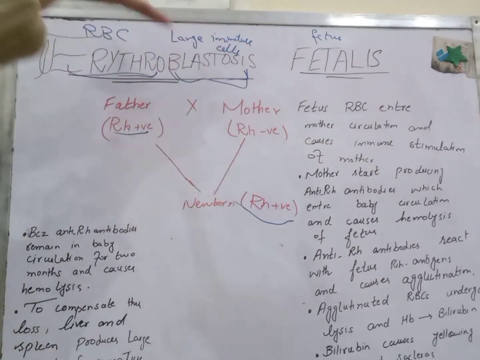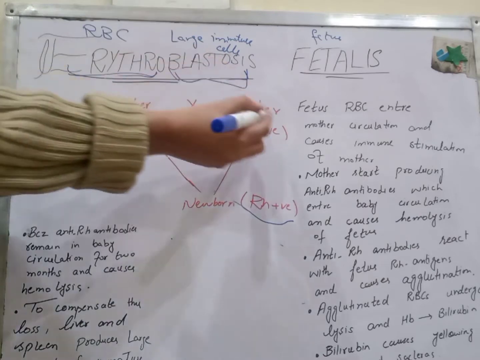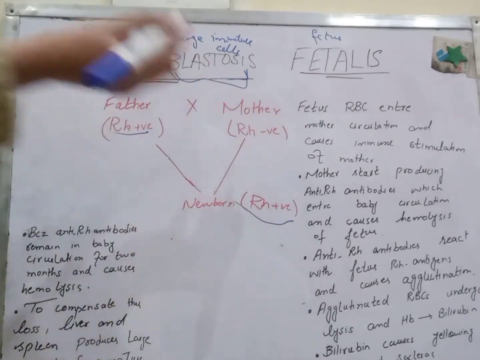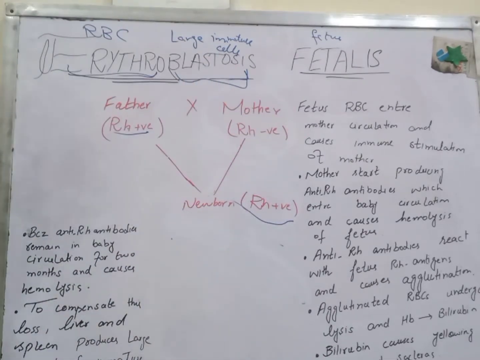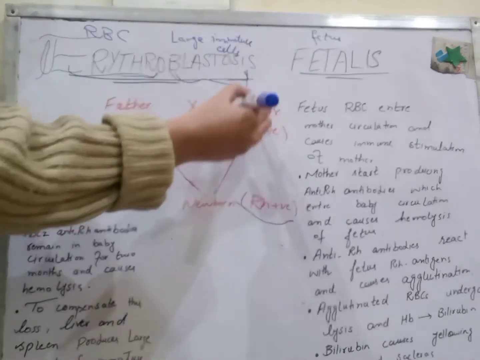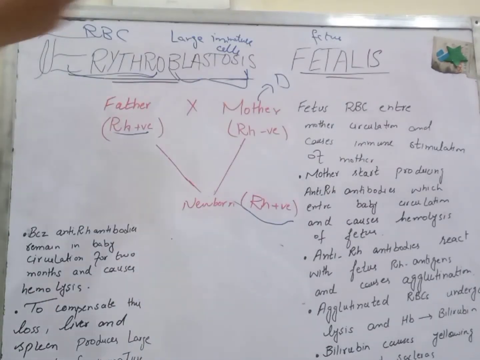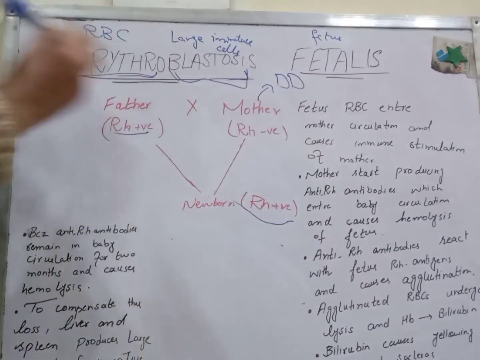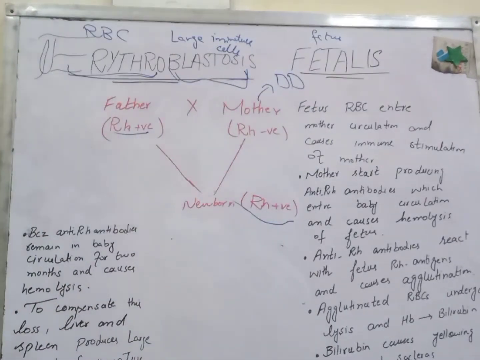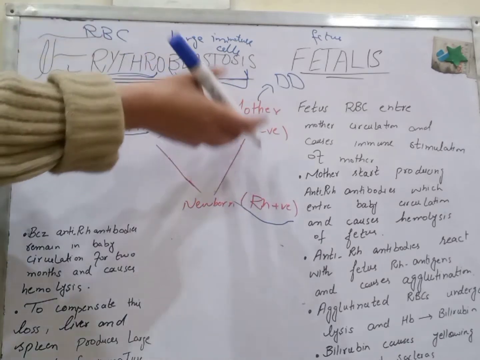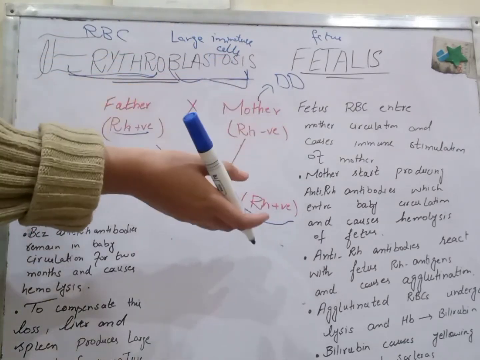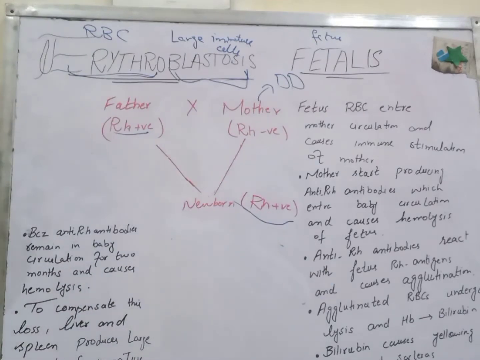To understand this erythroblastosis fetalis, first of all we will see what this Rh gene and Rh antigen is. The gene for Rh antigen is D. Whenever we have capital D and capital D, the human will have the Rh positive gene.